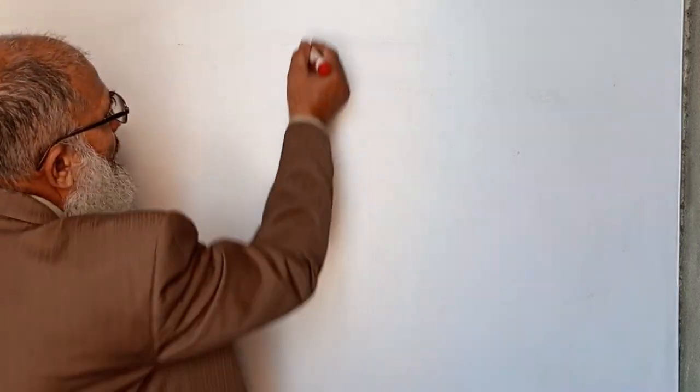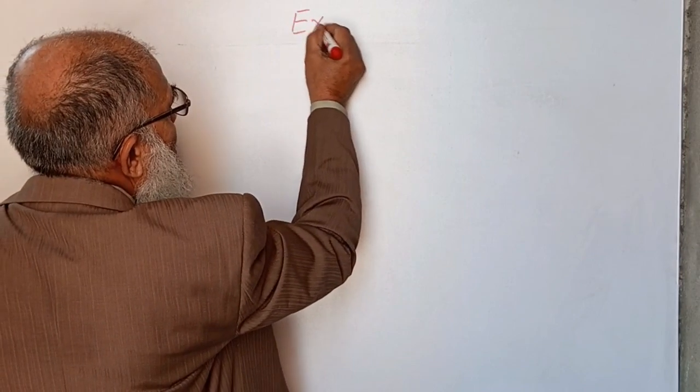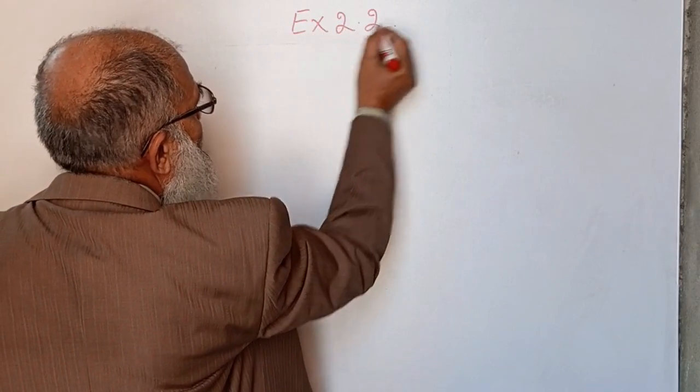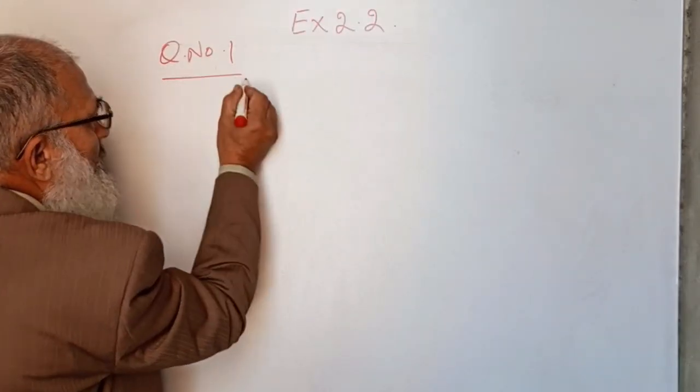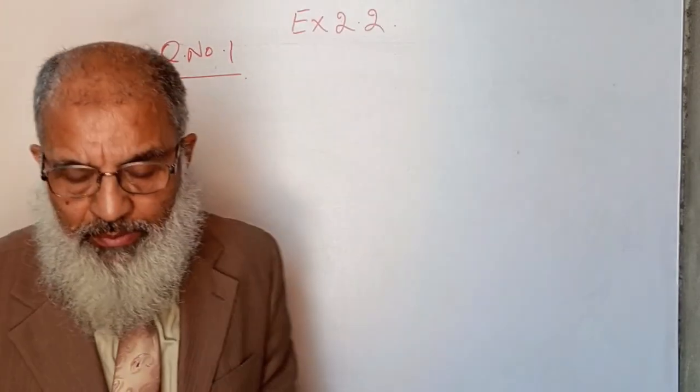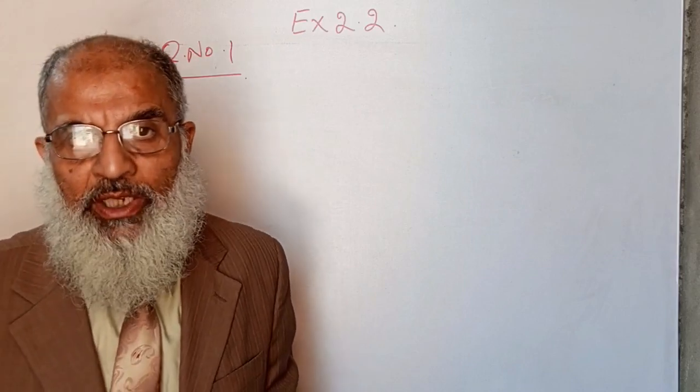So straight away going towards the exercise, exercise 2.2, and the question number is 1. We'll be doing some parts from question number 1 because the exercise is quite lengthy.